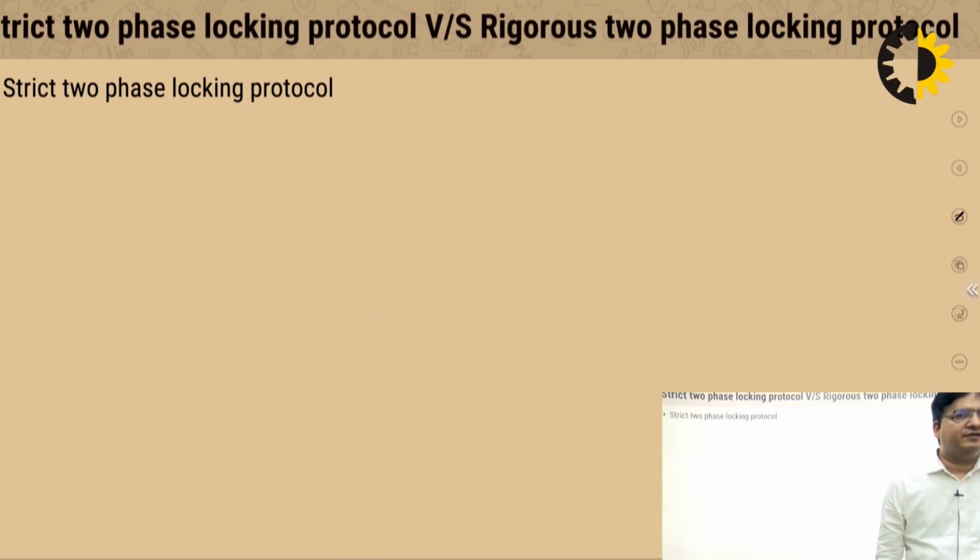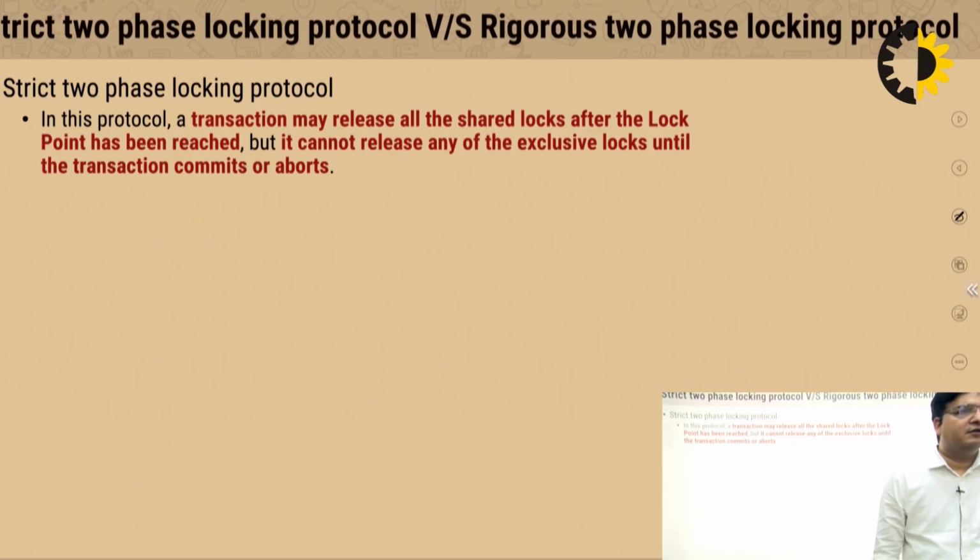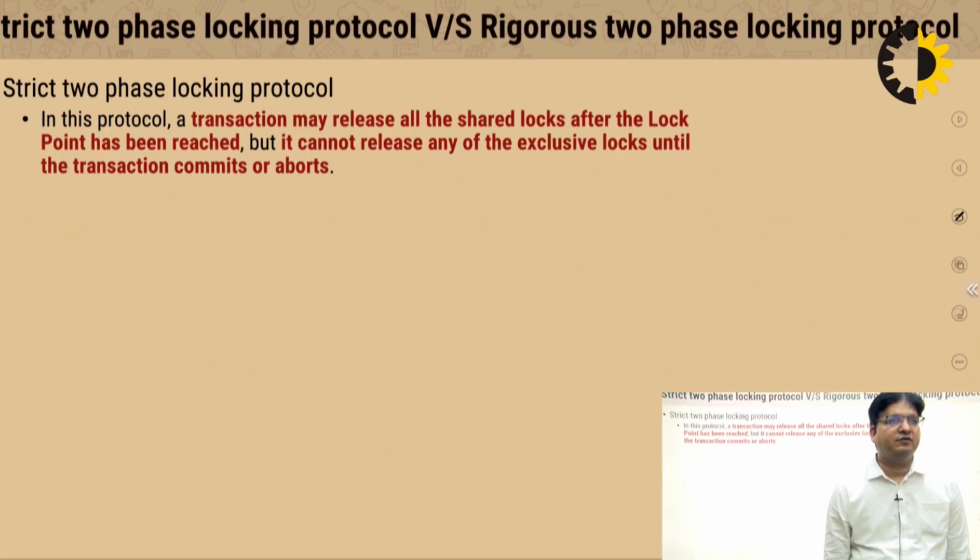Well, we will first discuss strict two-phase locking. In this protocol, a transaction may release all the shared locks after the lock point has been reached. After the lock point, it can release all the shared locks, but it cannot release any of the exclusive locks until the transaction commits or aborts.